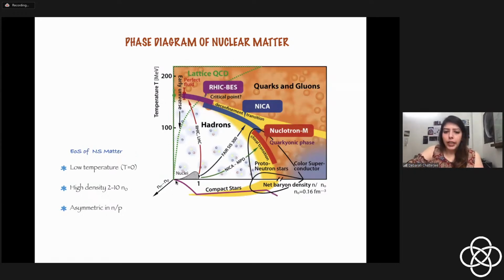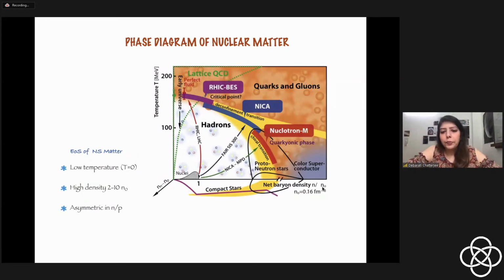The x-axis is the baryon density as a function of saturation density, or the nuclear density of matter. The other one, the y-axis, is temperature. So early universe is high temperature, low density. The nuclear experiments that we conduct are at 1, because saturation density, n0 here, is nothing but the density of nuclei.